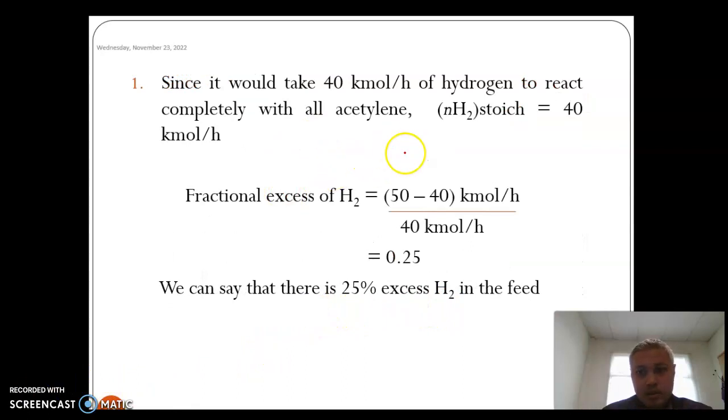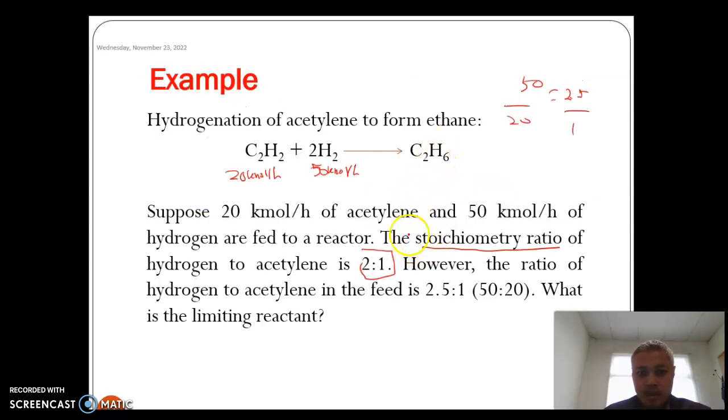Of that question, we need to use this fractional excess formula, where we have feed minus stoichiometry. The stoichiometry for H2 in this case is 20 times 2, because for 1 mole of C2H2 it requires 2 moles of H2 to react.